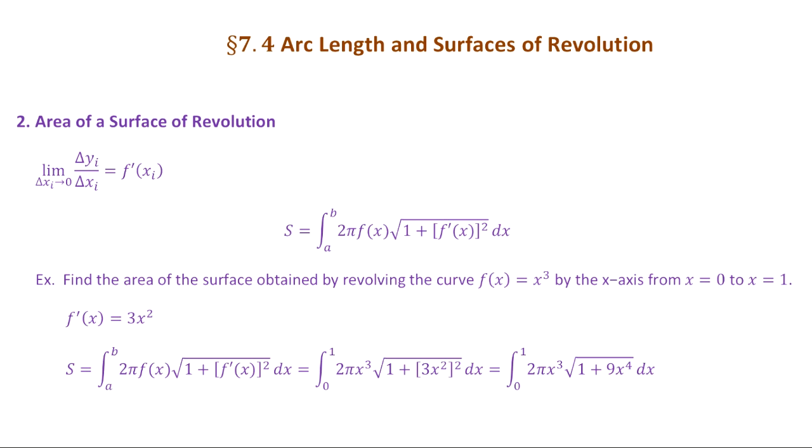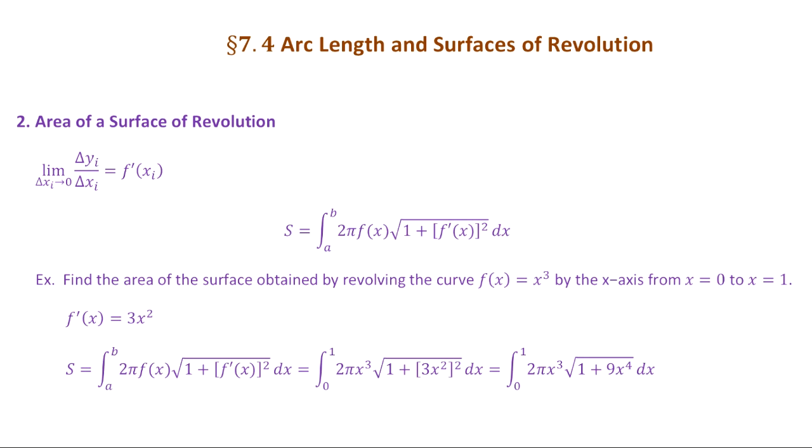You don't have to cut anything, you know. So let's do a couple examples. So example 1, find the area of the surface obtained by revolving the curve f of x equal to x cubed about the x-axis from x equal to 0 to x equal to 1. So f of x equal to x cubed. So you take the derivative, you get 3x squared, and then plug that into the formula.